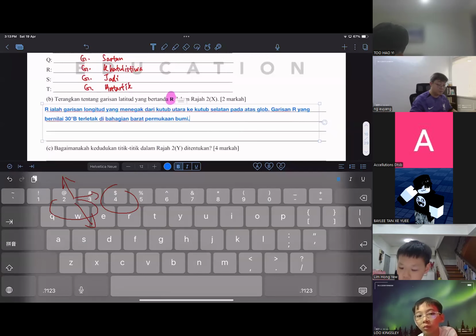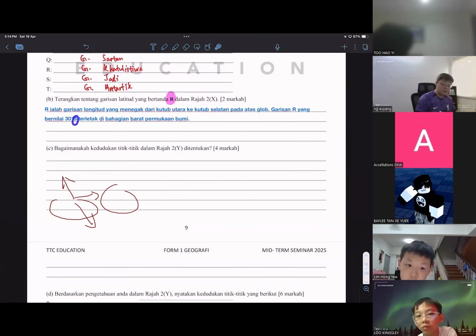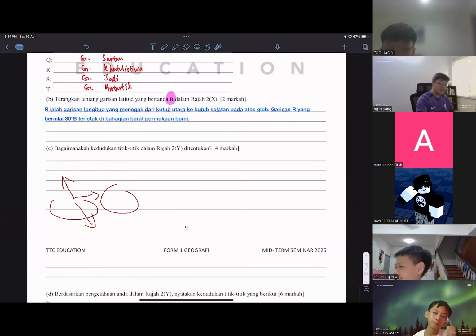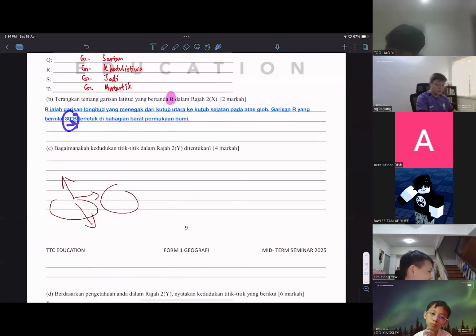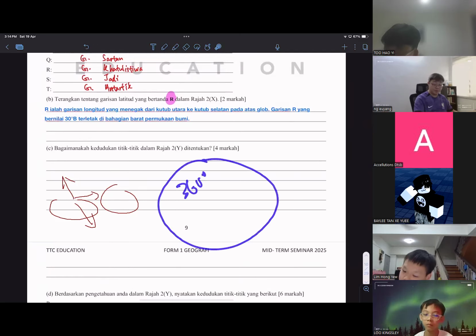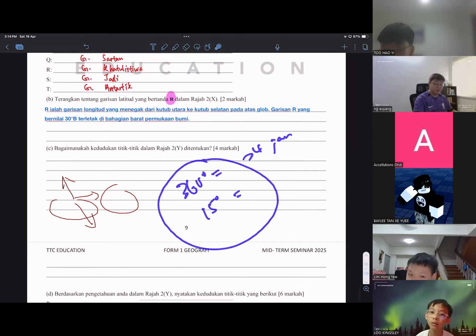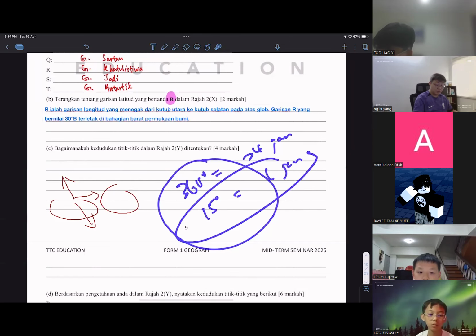So how do we know is barat? Due to the word is B here, which means 30 degree to the west. So in your Form 2, all the degree here is going to connect to the time zone. So 360 degree is one full spin, right? Equals to 24 hours. So which means 15 degree equals 1 hour. So this is 30 degree.